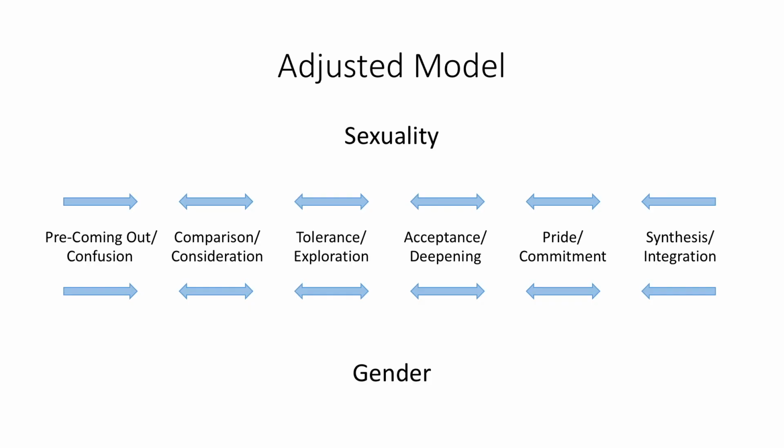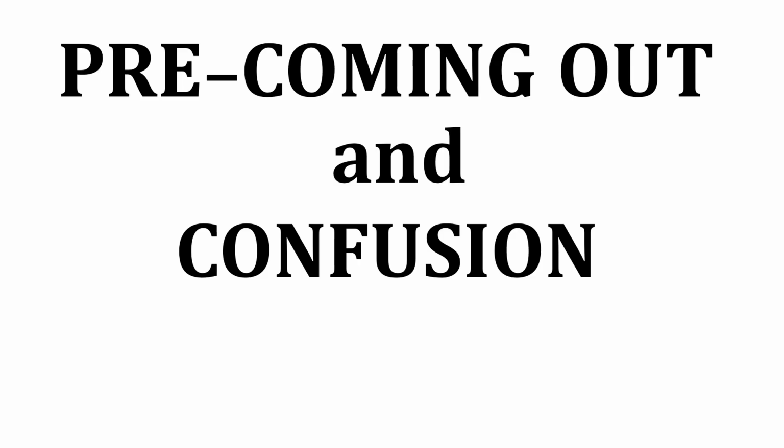LGBTQ identity development happens in phases, 6 phases, as the result of the trauma and stress of being a sexual and gender minority. It often unfolds like this. It begins with pre-coming out and confusion. In this early phase, there is no acknowledgement to anyone, including the self, that one may be a sexual and gender minority.